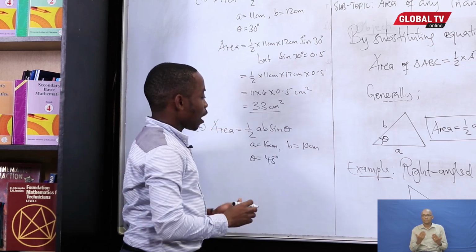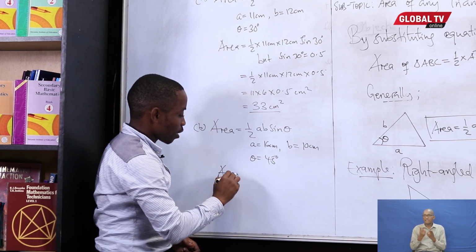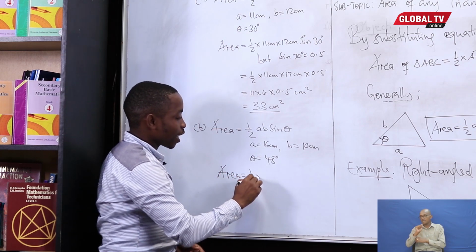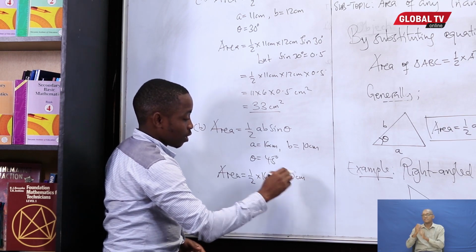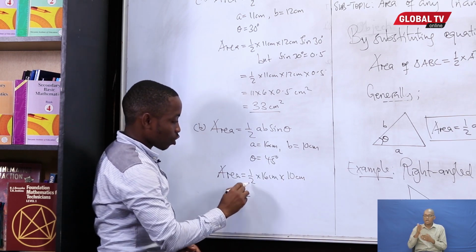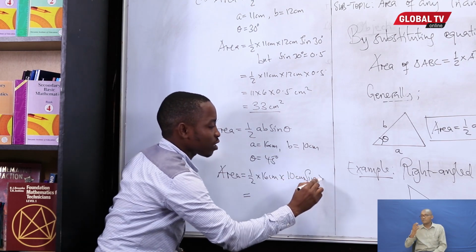Now, if we substitute, what are we going to get? We get area equals a half times A, which is 16 centimeters, times 10 centimeters, times the sine of our angle between, which is 45.